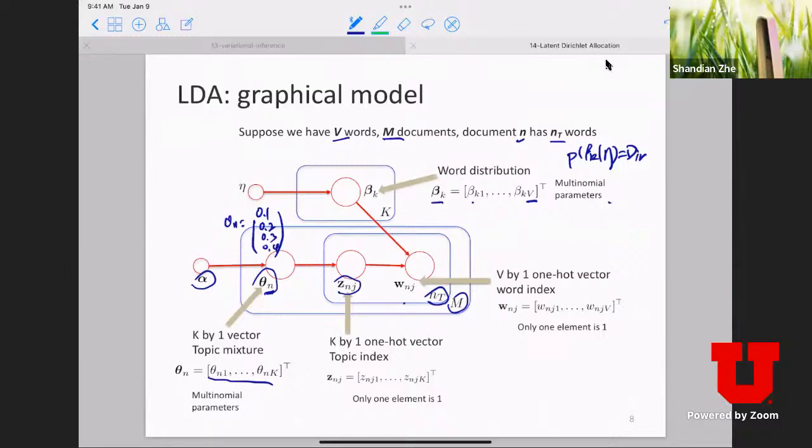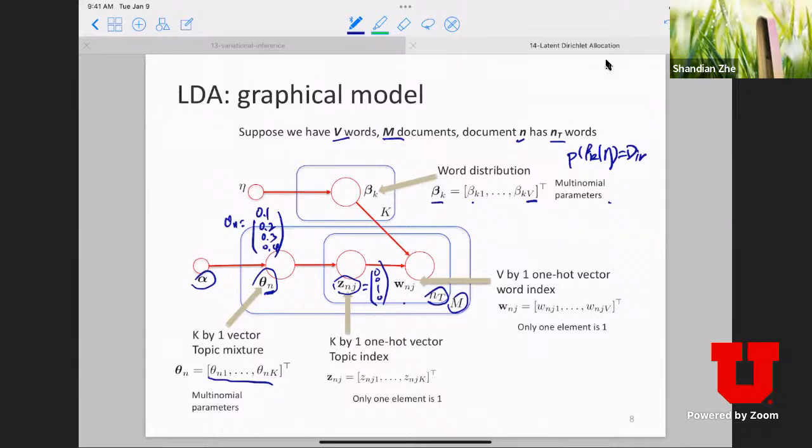Now, based on theta_n, you sample z_nj from the categorical distribution, and you might get your z_nj to be topic 3. Through the one-hot encoding representation, it will be 0, 0, 1, 0.